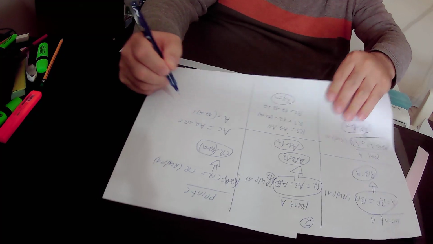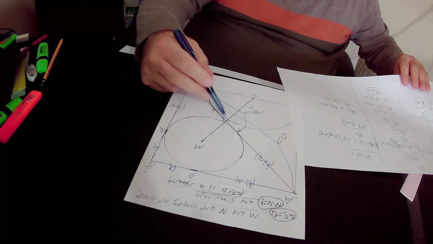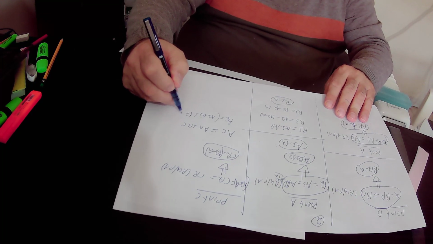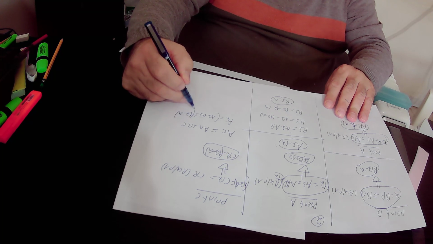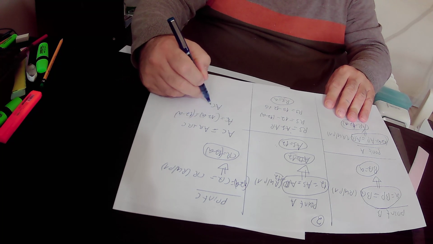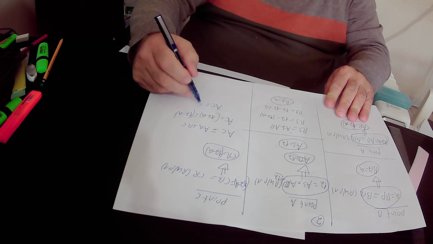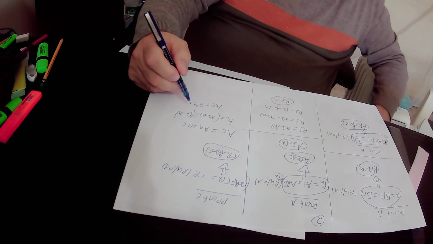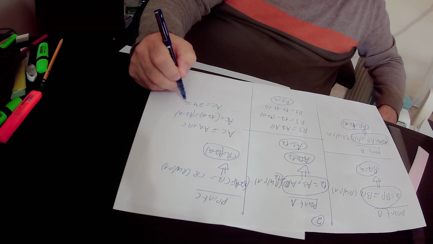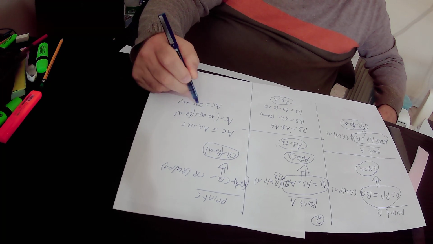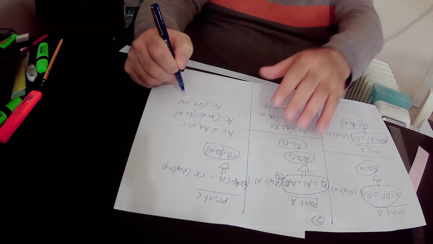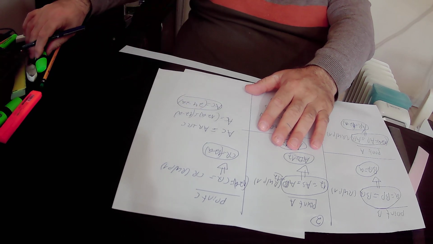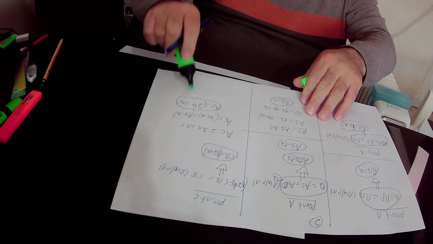And we also found out that RC is equal to 12 minus A. So in conclusion, AC is equal to 12 plus 12, which is 24, minus A plus minus A, which is minus 2A. So in conclusion, we found out that AC equals 24 minus 2A.